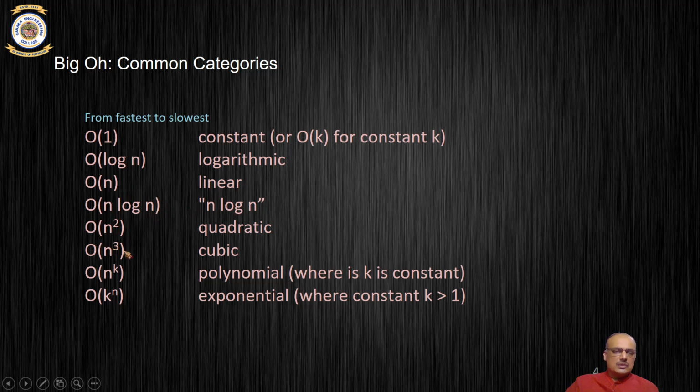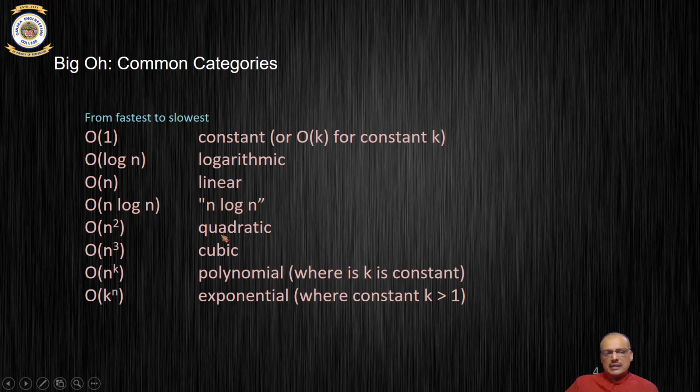Then we have the polynomial complexities. The quadratic one, O of n square, we have studied in my previous video. If you would like to refer back to it, we have a nested for loop and we get the n square complexity. The one which is bigger than n log n is O of n square.